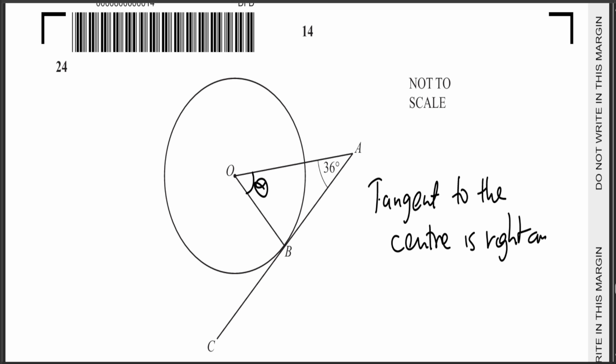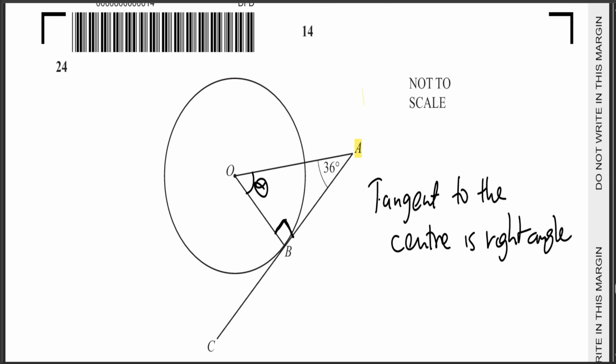So if you look at this, this is the tangent line, and this is now 90 degrees. So the tangent is at 90 degrees to the center of the circle. So that is something that you should know.